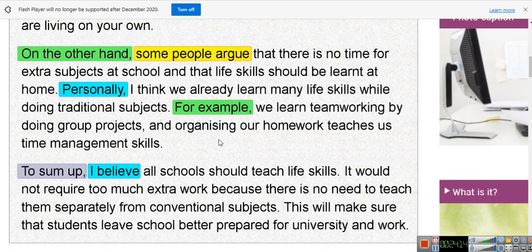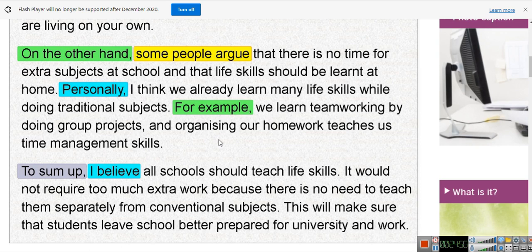And finally, the personal opinion of the author concludes that the school should teach life skills, for students to be better prepared for university and work. It's the structure for writing in the text. There you got it.